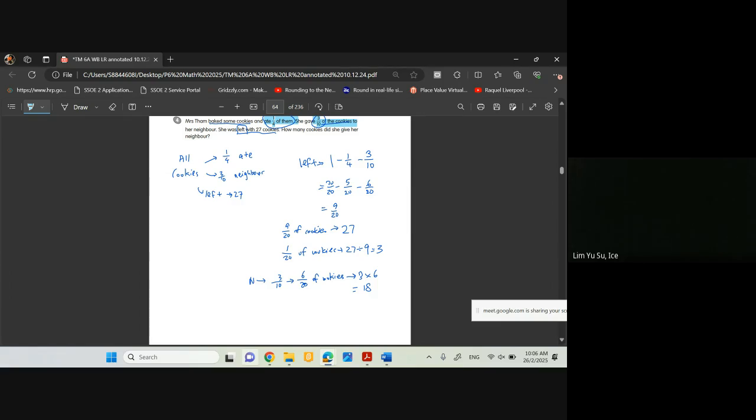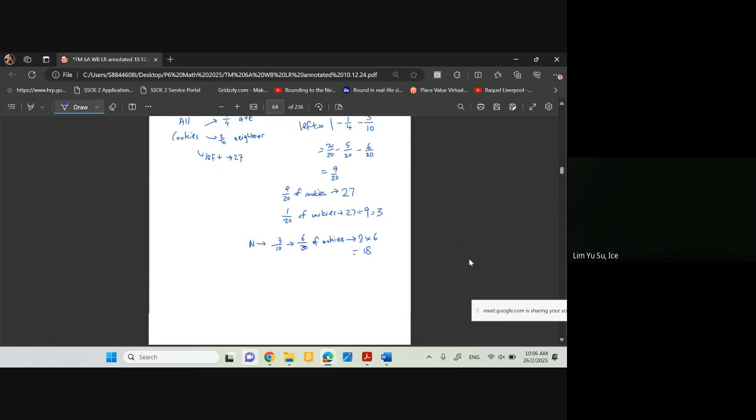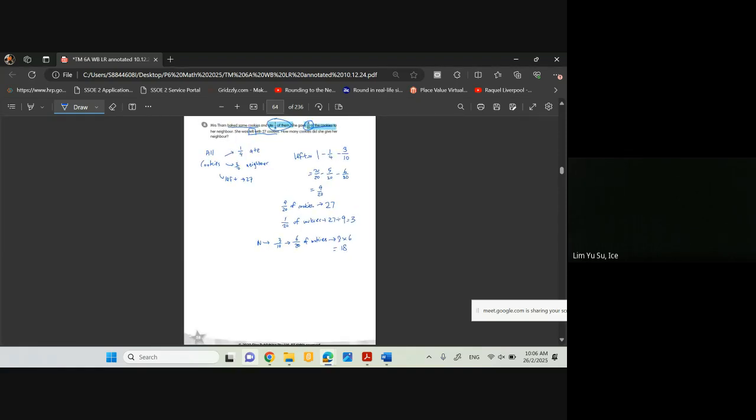So imagine if I'm drawing a model, how many parts do you think my model will look like? How many mini parts? I will start off with 4. You're right. If I draw a model, I will start off with 4 units. Okay, maybe I must draw bigger. Then you tell me why you think I must draw like a whole long bar.